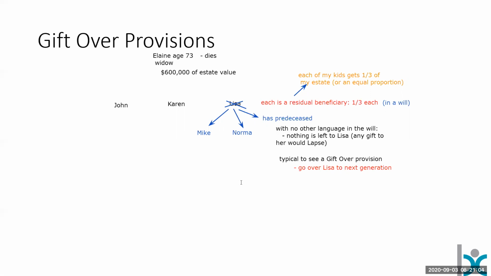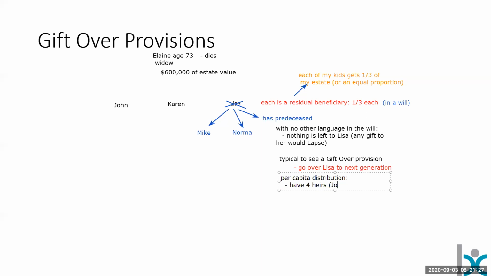So now there are 2 possible kinds of gift over provisions. We could have a per capita distribution. In a per capita distribution, everybody is going to be treated equally. There is no regard for what generation somebody is. You have 4 heirs.